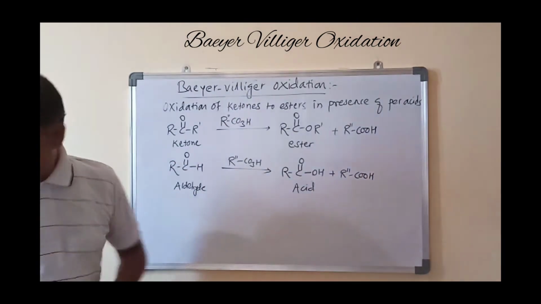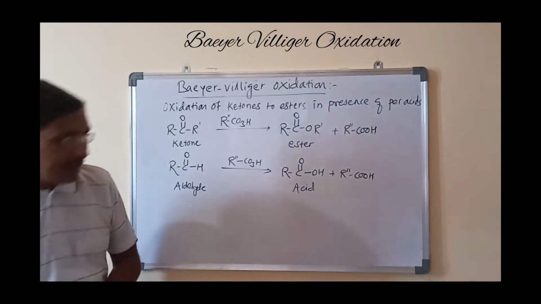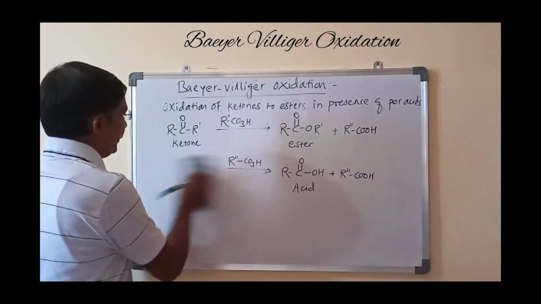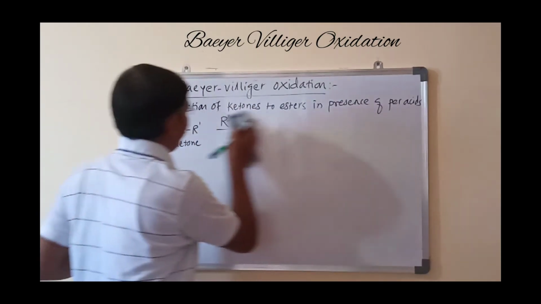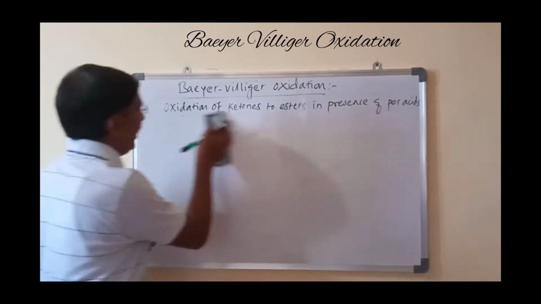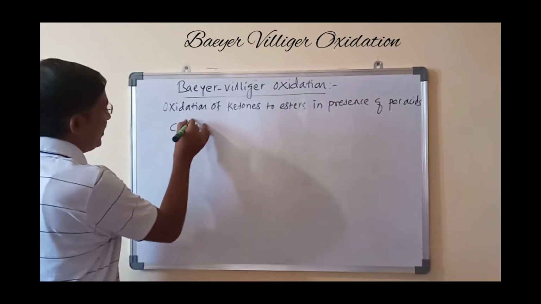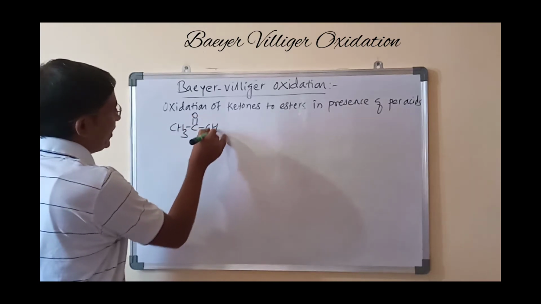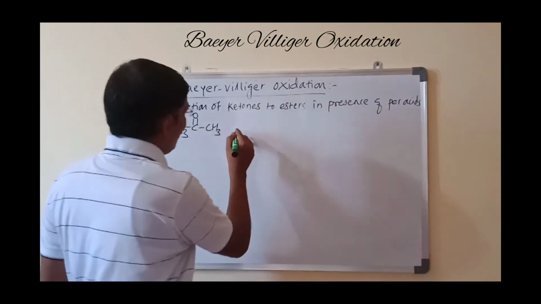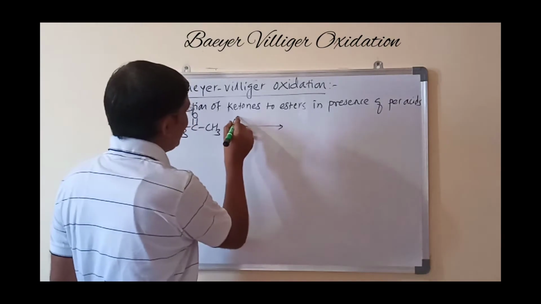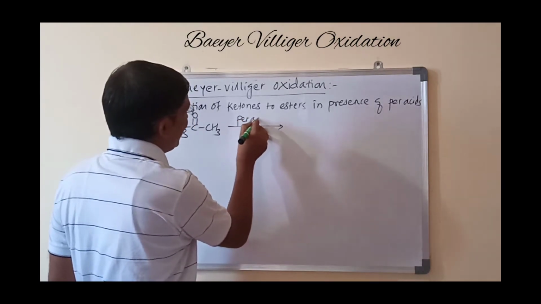We'll take the general example as acetone, CH3 C double bond O CH3. The acetone is oxidized in presence of per acid.